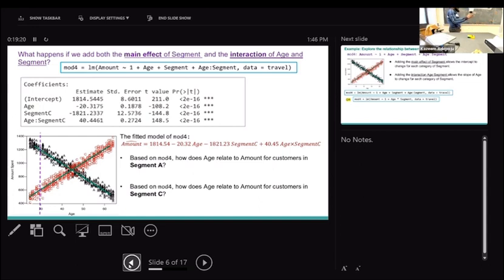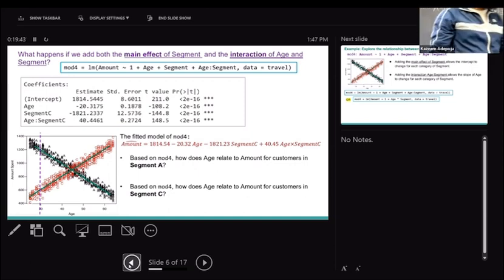If you want to talk about segment C now, the slope you're going to use is not only this one, you're going to combine this and this. What has happened to the slope? There's a change. Initially the slope was this guy, and that was the change.